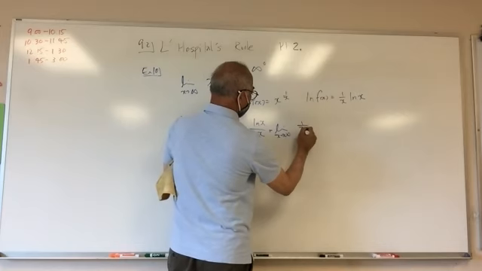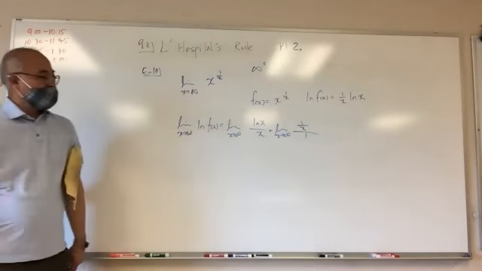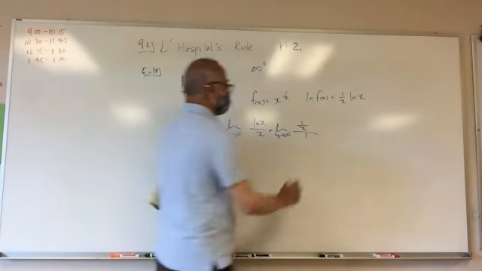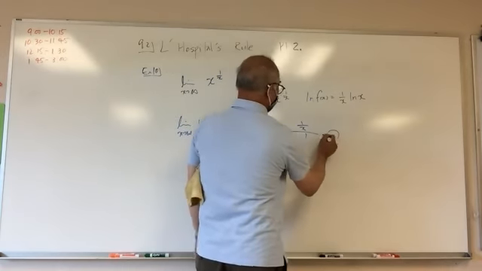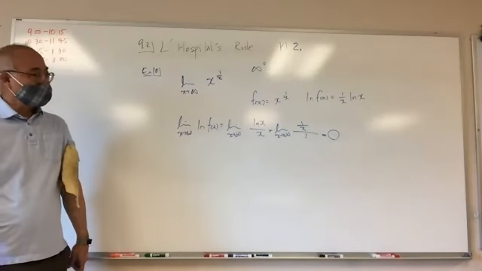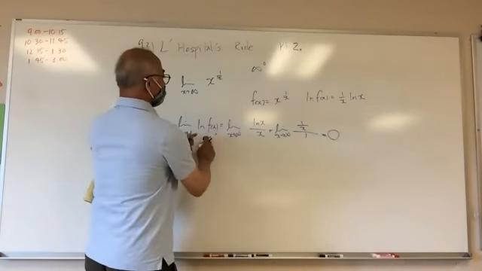The derivative of this is 1 over x. The derivative of that is 1. So basically I end up with 1 over x. As x goes to infinity, that goes to 0, right? 1 over infinity is 0. So this guy goes to 0.